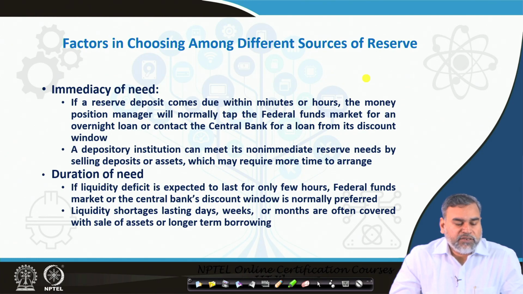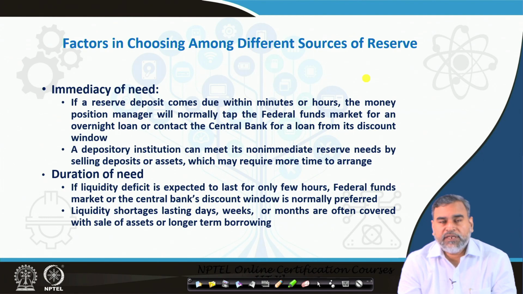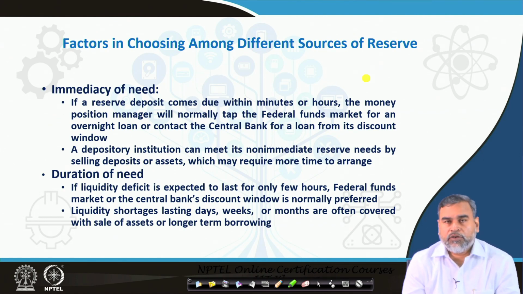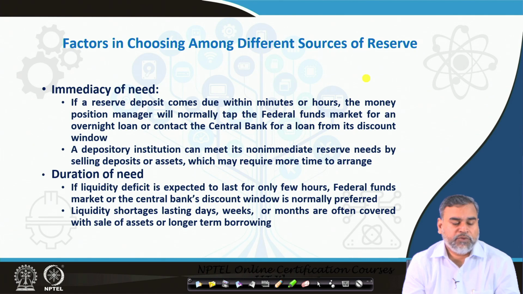So, there is one factor, immediacy. What do you mean by immediacy? Immediacy means if a reserve deposit is due within minutes or hours, the money position manager will normally tap the federal funds market for an overnight loan, or they can contact the central bank for a loan from its discount window.